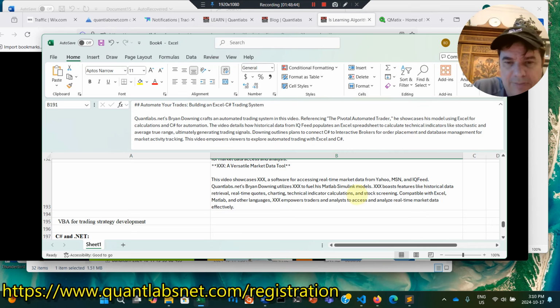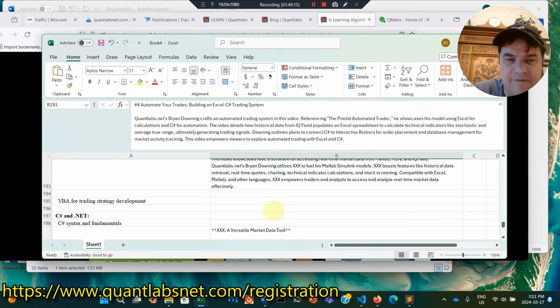And then another example is with IQFeed. It utilizes the plugin, the fuel, if you built out, let's say, MATLAB Simulink models, and gives you access to historical data retrieval, real-time quotes, charting, technical indicator calculations with stock screening, all within Excel and different Excel spreadsheet examples. Compatible with Excel, MATLAB, and other languages, empowering traders and analysts to access and analyze real-time market data effectively.